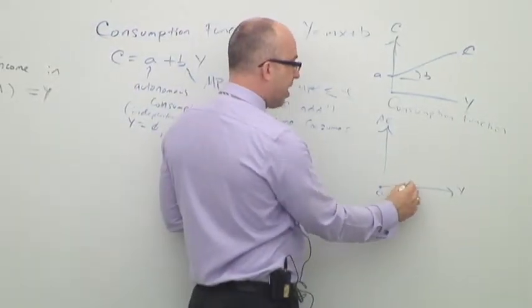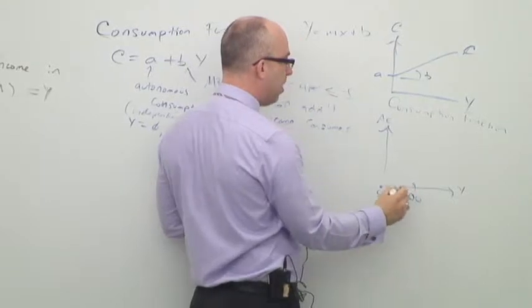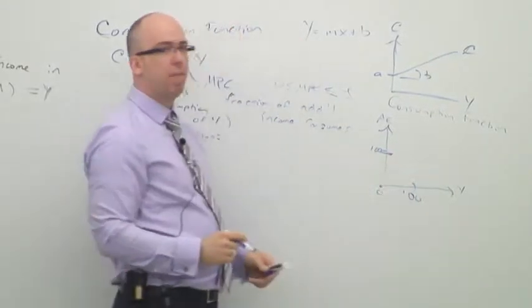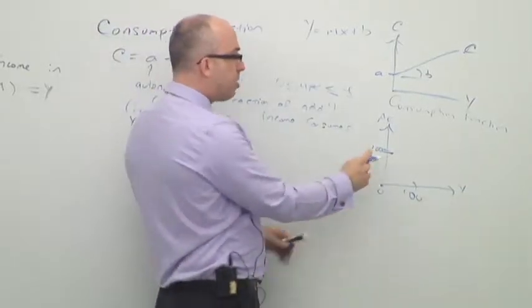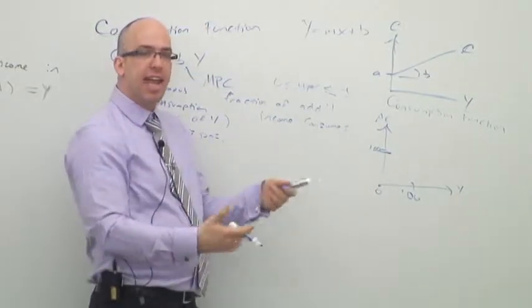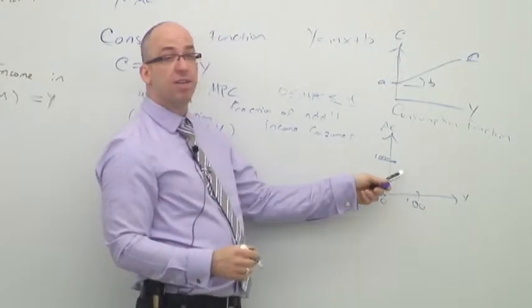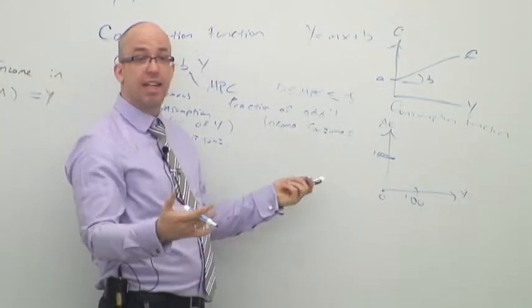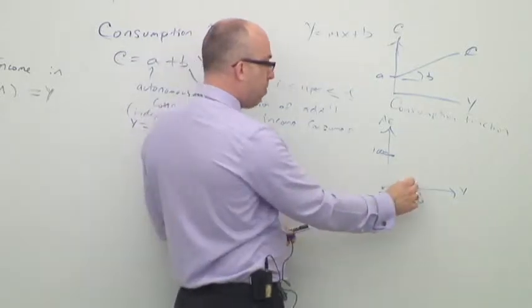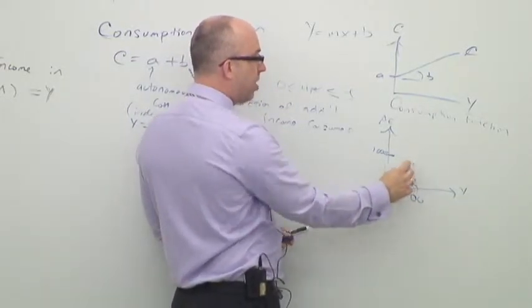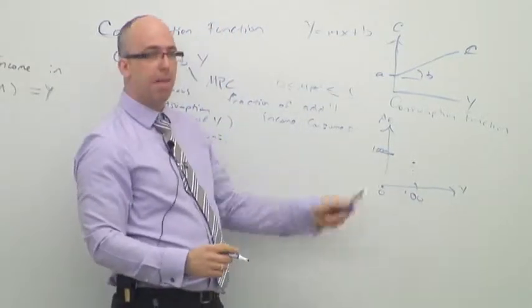But if I make $100, the only way for me to keep my budget in balance is to spend 100. If I spend 90, that means I'm saving 10, and that's kind of bad for the economy. If I earn 100 and I spend 110, I have to get $10 out of savings. So the only point where I'm not doing that is at 100 earned and 100 spent.